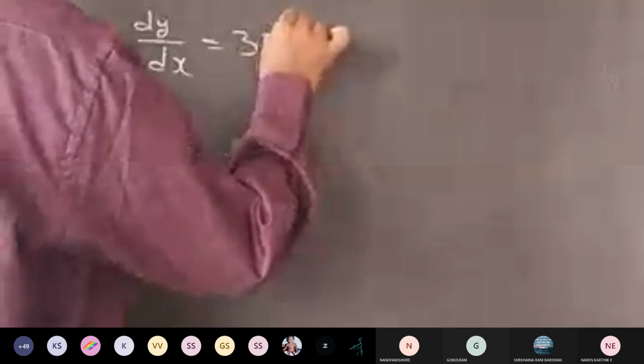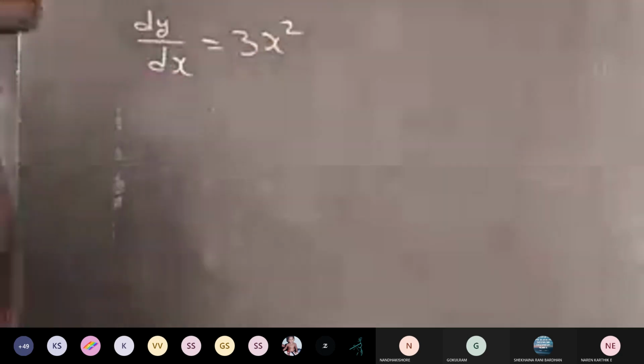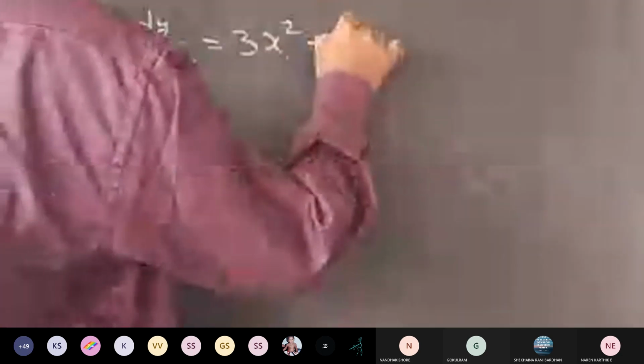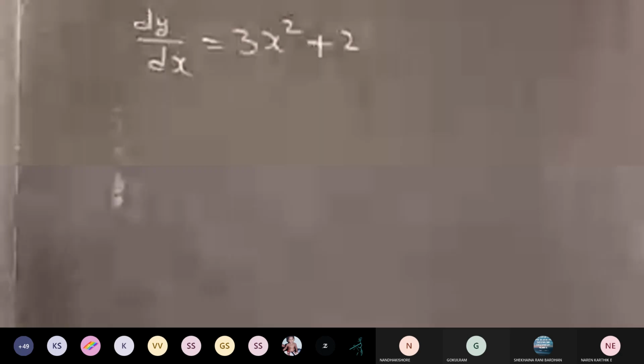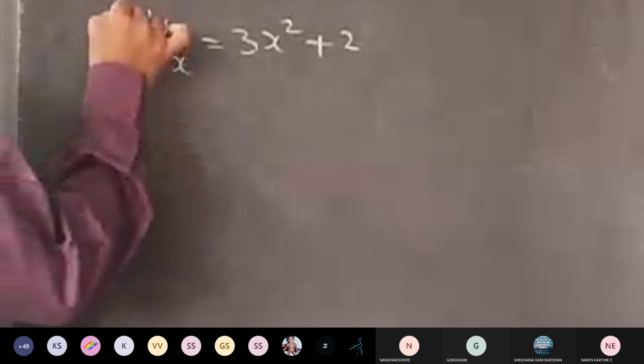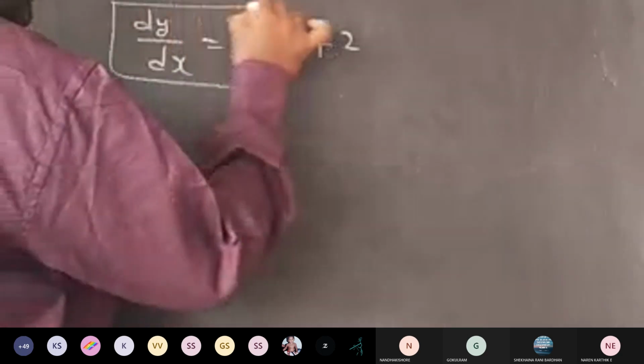Yes, super. So here 3x power 3 minus 1 means 3x², plus 2, and the constant 6 gets cancelled to 0. So dy/dx = 3x² + 2, this is the slope of equation 1.